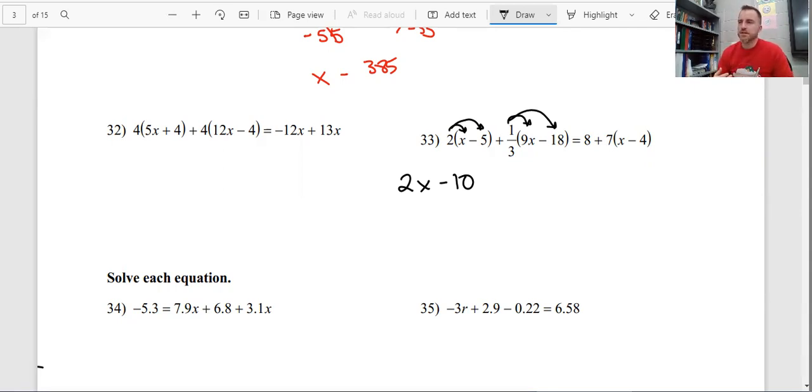Remember thinking of fractions as multiplying 9 times 1 and then dividing by 3 if you would like. So we've got plus 3x that goes here. And then 1/3 times -18 is -6. On the right side of the equals, you've got the 8, and then we want to distribute the 7, the plus 7x, and then 7 times -4 is -28.